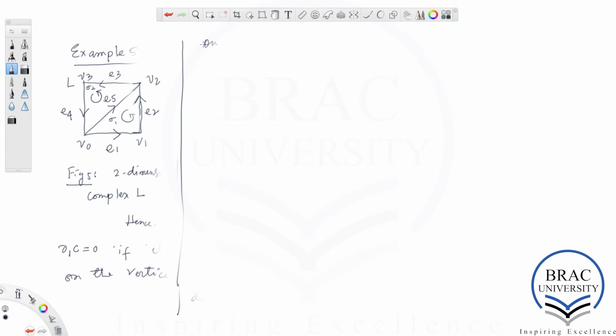The generic expression for a two chain here is C2 is equal to M1 sigma 1 plus M2 sigma 2, right?